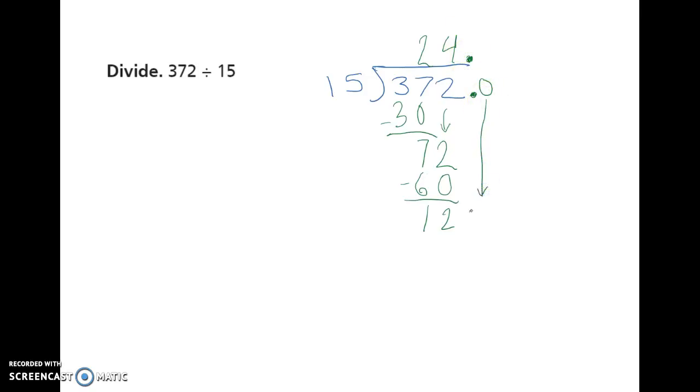I'm going to bring that 0 down. Now, 15 doesn't go into 12, but it can go into 120. How many times? Ooh, that's a tricky one. Well, 10 times would be 150, so that's too high. 9 times is going to be also too high, I think. So let me try 15 times, I don't know, maybe 8 or 7. Let's try 7. 5 times 7 is 35. 7 times 1 is 7, so 105.